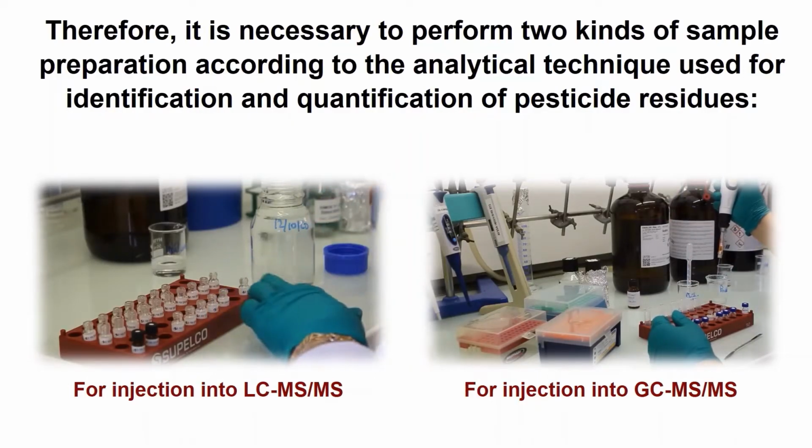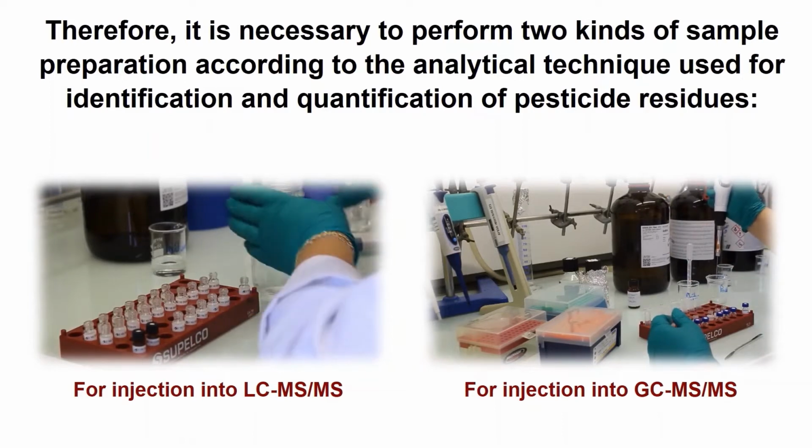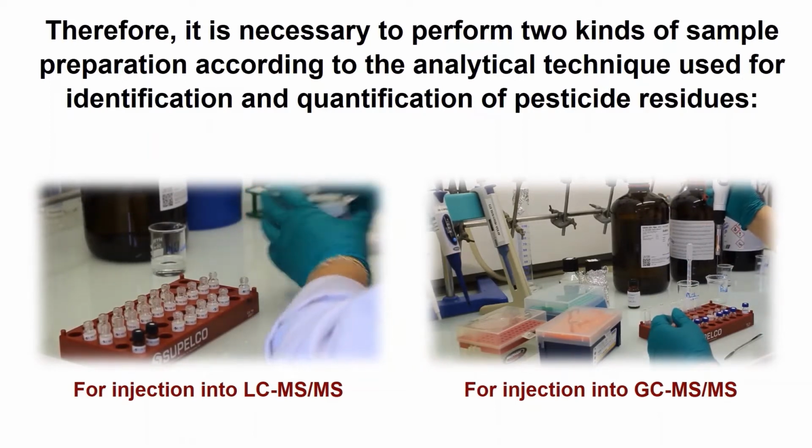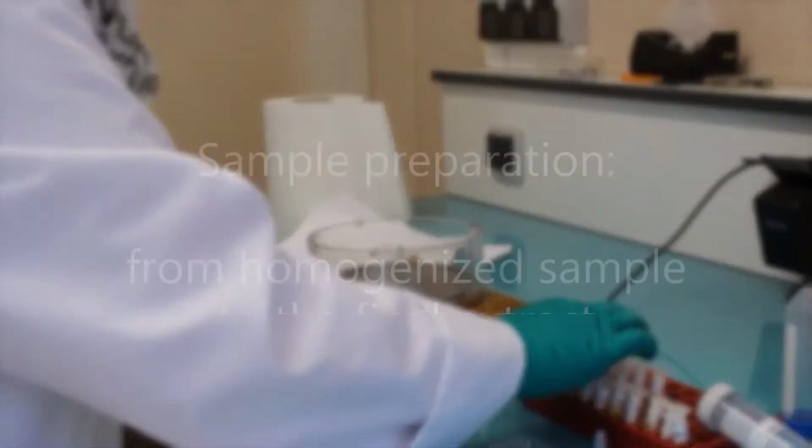Therefore, it is necessary to perform two kinds of sample preparation according to the analytical technique used for identification and quantification of pesticide residues. One for injection into LC-MS-MS and one for injection into GC-MS-MS.